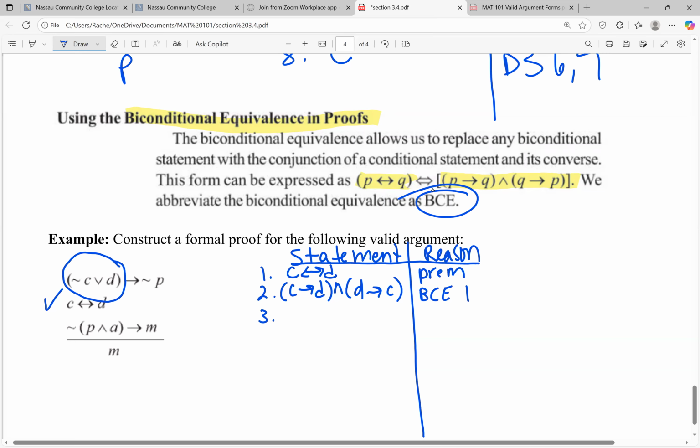So I'm going to say, okay, C implies D is true because it's the left-hand side of this conjunction, right? So that's my conjunctive simplification on statement 2. Now my conditional equivalence, right?